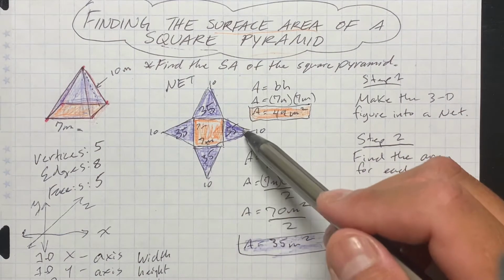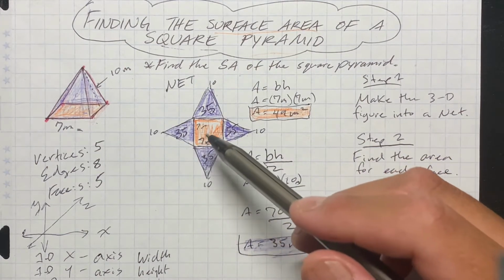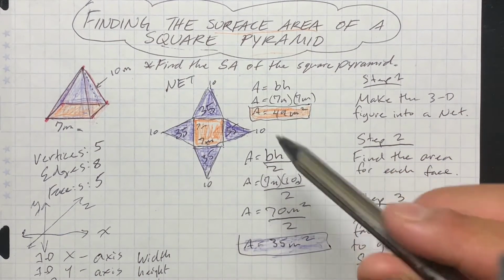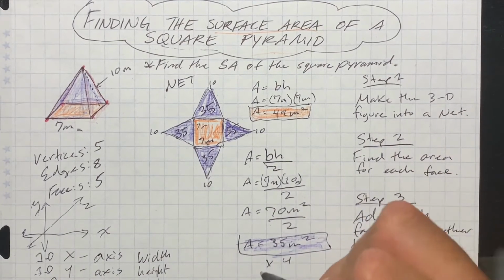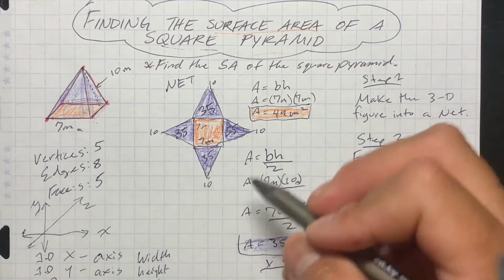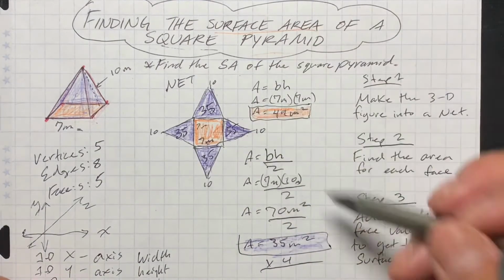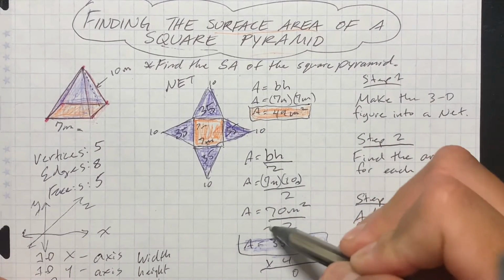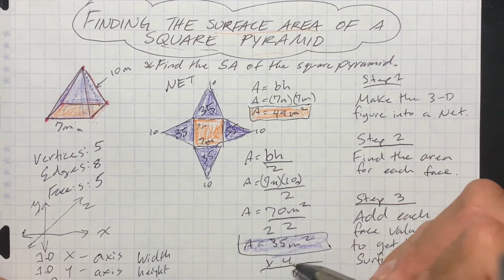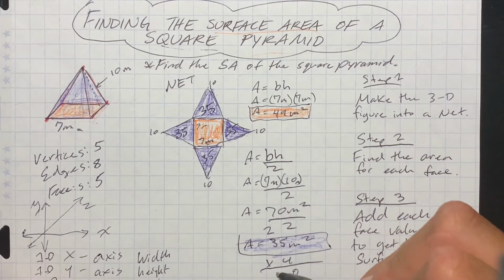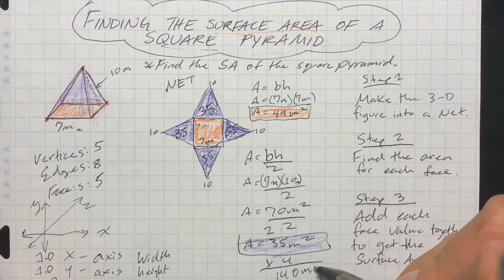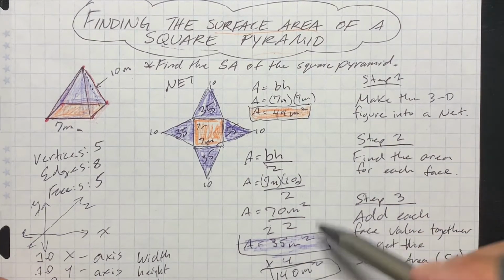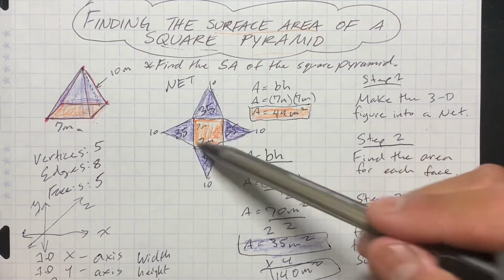Again, 35 plus 35 is 70. And 70 plus 70 is going to be 140. Or you can just multiply by 4 purple lateral faces. 4 times 35 is 140. So 140 meters squared is going to be the total area for all of the purple triangles.